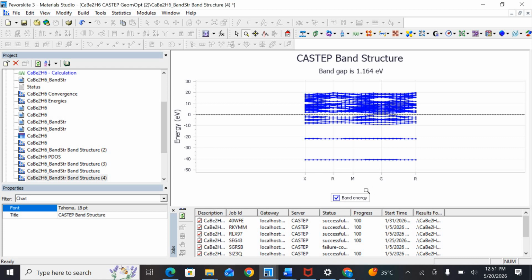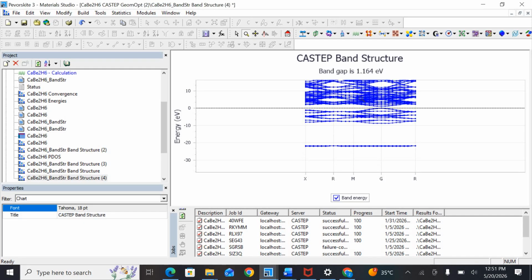These points are connected to form a k-path, which shows how the electronic energy changes along different crystallographic directions. And the y-axis represents the energy of electrons, usually measured in electron volt. The energy is plotted relative to the Fermi level, which is typically set to 0 electron volt, and the Fermi level acts as a reference point to determine occupied and unoccupied electronic states.